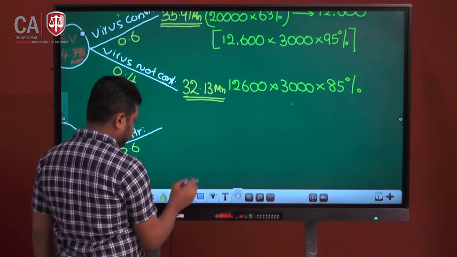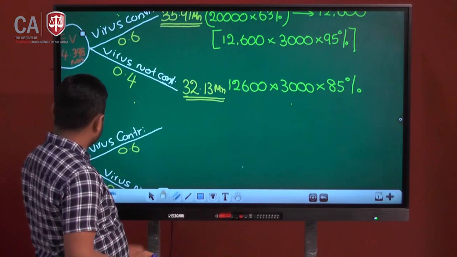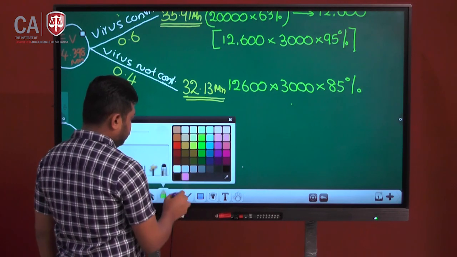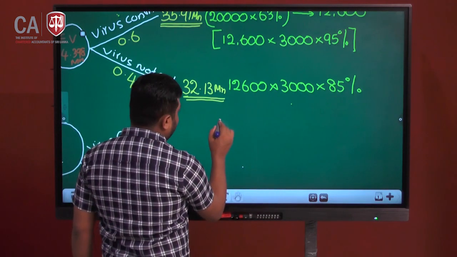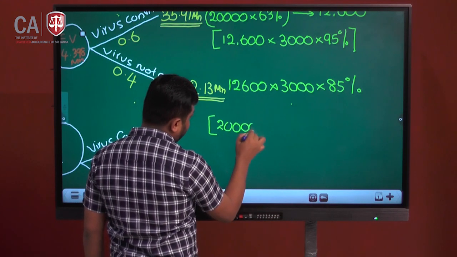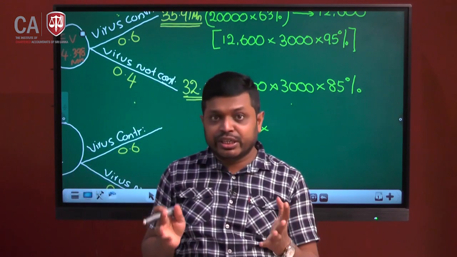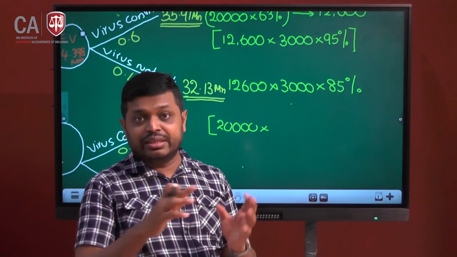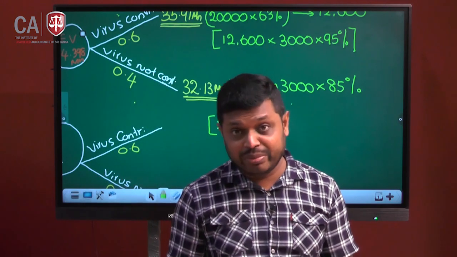Then if the virus is controlled, what is the contribution? The price is 20,000 per room night, with 30% variable cost, and in TripAdvisor you have to pay 5% commission, so 35% in total.